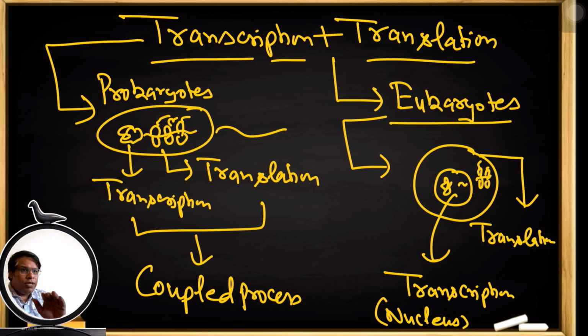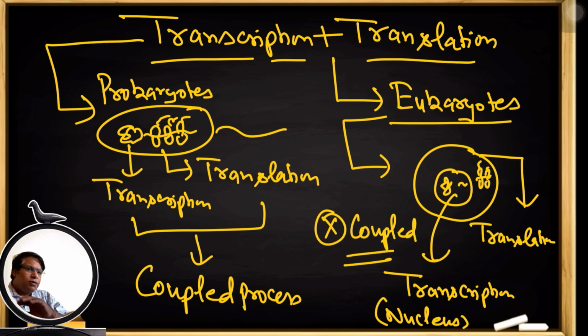So in eukaryotes, the transcription and translation processes are not coupled. So these are the basic differences. Yes, there are many more differences, but keep in mind these are the basic differences between prokaryotes and eukaryotes.